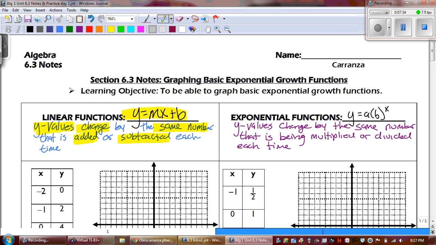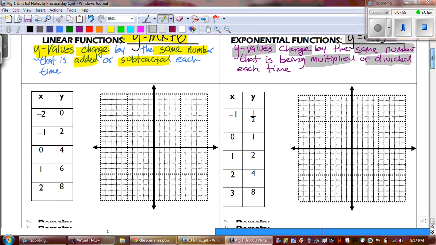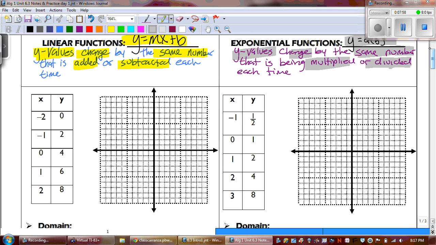But now, the exponential ones, your equation looks like this, y equals a(b)^x. But it's the same thing where the y values change by the same number, but instead, this time it's being multiplied or divided.